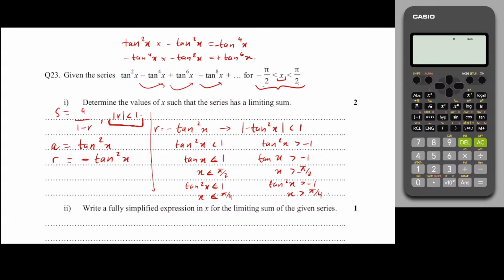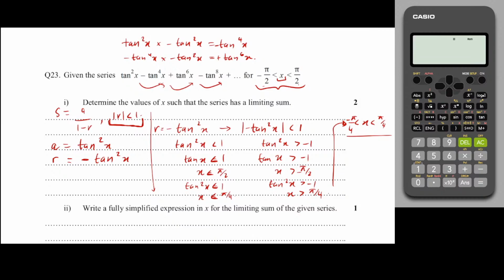Okay. So, therefore, x is going to be between pi on 4 and negative pi on 4, like that. So that's the values which make this limiting sum a thing.